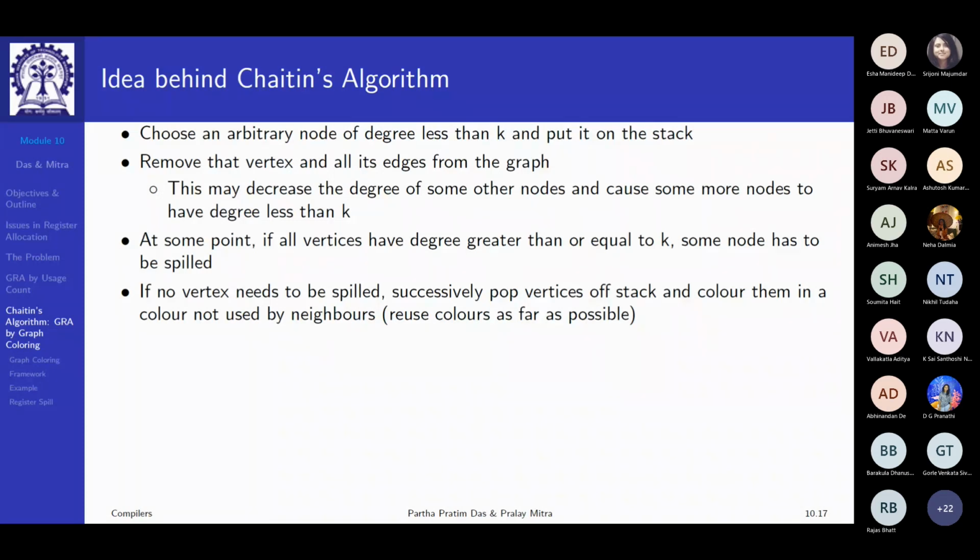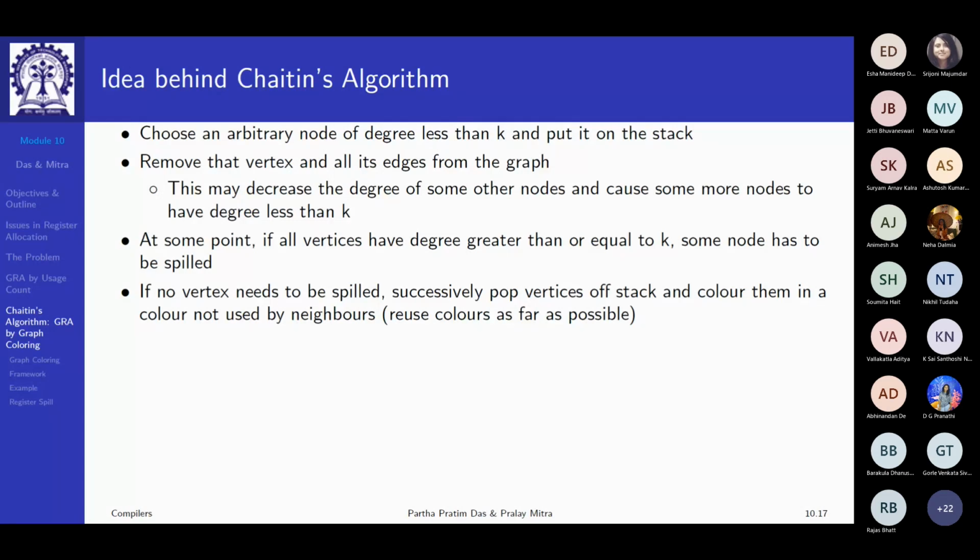And as we remove that vertex, all edges that are connected with that vertex are also removed. So this may consequently decrease the degree of some other nodes and cause some more nodes to have degree less than K. Now, if at some point all vertices have degree greater than or equal to K, then naturally coloring by this algorithm with K colors is not possible. So then we will need to spill some node.